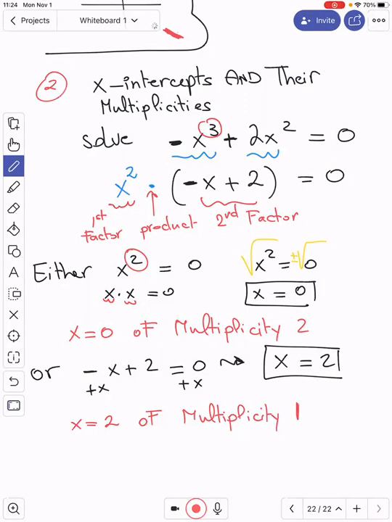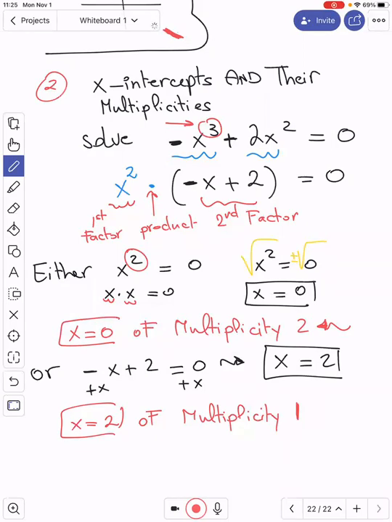Okay. We're supposed to have 3 different solutions, but we got only 2. But one of the solutions is of multiplicity 2, right? So in theory we have 3 solutions, but one solution counts for 2 solutions, which is x equal to 0. Yeah, so that's my x-intercept.